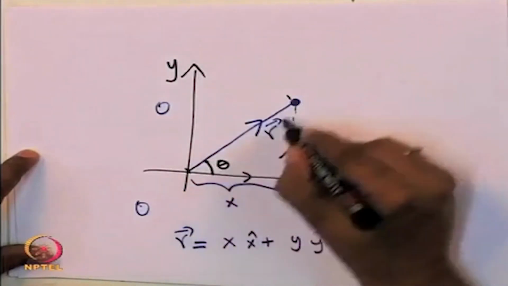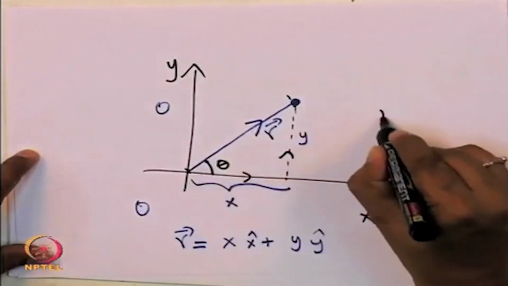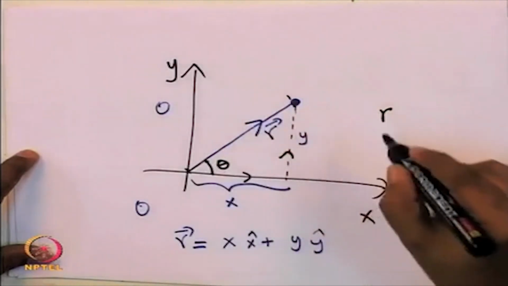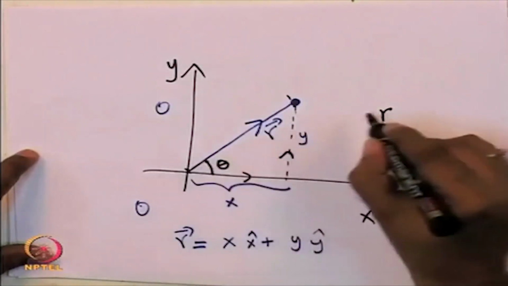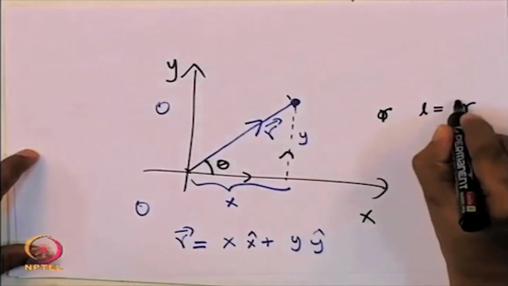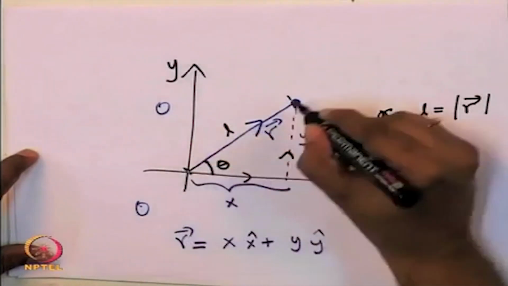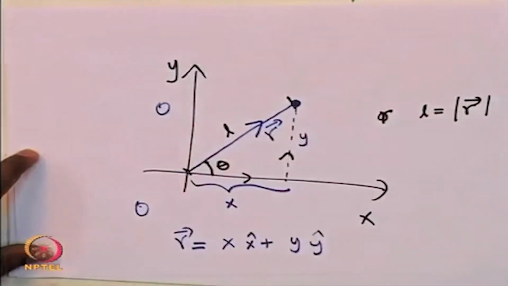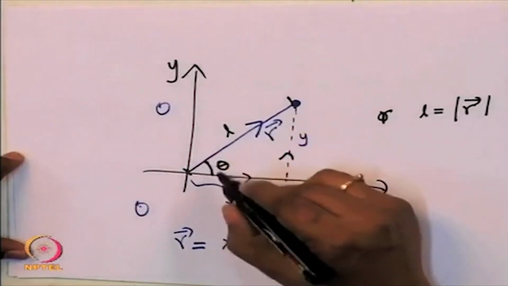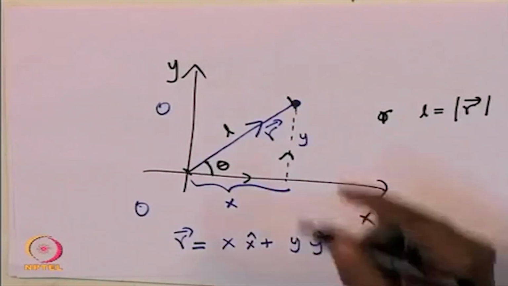So, I can specify the same point by specifying this distance and this angle. This is not a vector, it is just a distance, so let me call it L. L is the modulus of the r vector. I can specify this L and this angle theta, and that will give me the exact position.